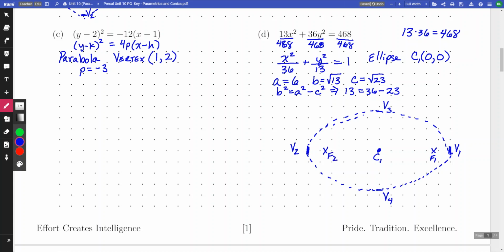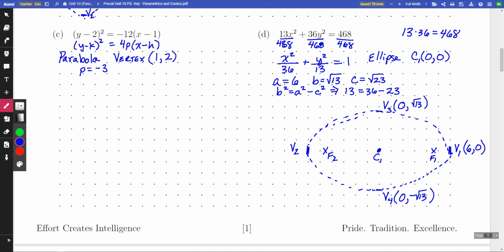So now I have a general form of my ellipse, right? For my vertices, maybe I label them right over here since I already have the thing set up. For my center, vertex 3 is above it, and it's going to be root 13 above, so that'll be 0, root 13. For vertex 4, x value 0, y value negative root 13. For vertex 1, a distance of 6 away, so that's 6 and 0.